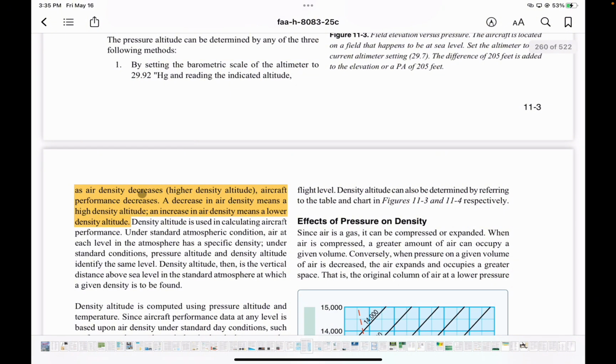So I'll give you a while to think about that. Aircraft performance decreases. A decrease in air density means a higher density altitude. An increase in air density means a lower density altitude. You probably should write that down in your notes.